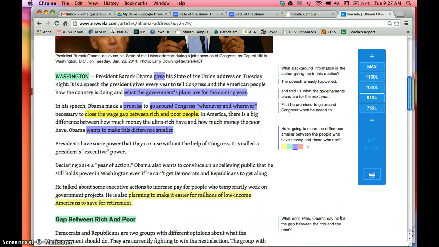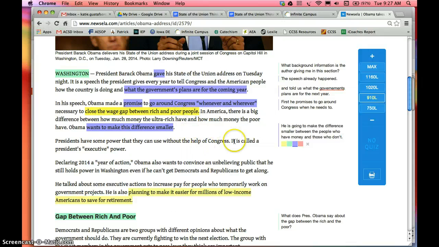Presidents have some power that they can use without the help of Congress. It is called a president's executive power. Declaring 2014 a year of action, Obama also wants to convince an unbelieving public that he still holds power in Washington. Okay, so it says here that Obama wants. That tells me that that is something that he talked about and is probably going to happen again in this next coming year.